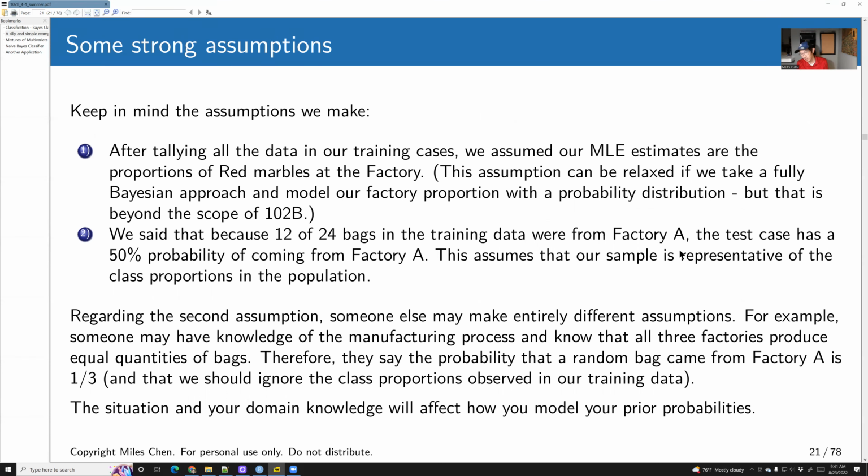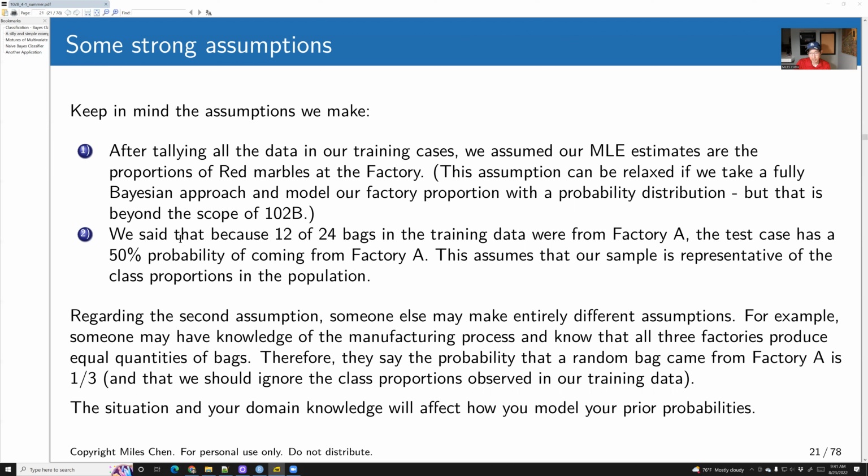Therefore, I'm assuming factory A is 60% red. Okay, that's a big assumption, right? We're assuming that the bags that we bought from the internet are representative of how this factory is operating, and it may or may not be. Okay, that's kind of what we're assuming.